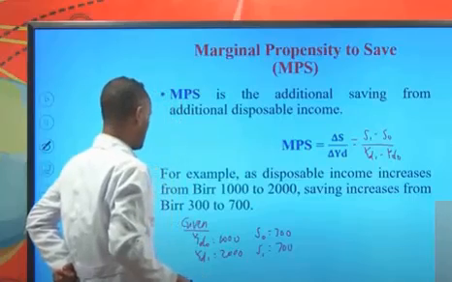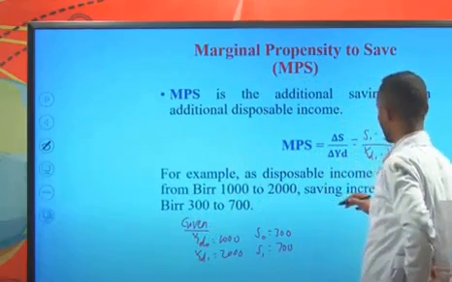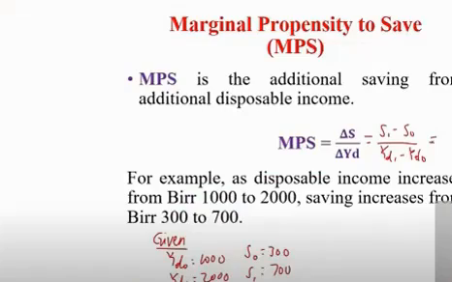Now, when we put this information in the formula, the value of saving final is 700 minus saving initial 300, divided by disposable income final 2,000 minus disposable income initial 1,000, and then this is 400 divided by 1,000, and then when we cancel the zeros, 4 by 2 is 2, 10 by 2 is 5.